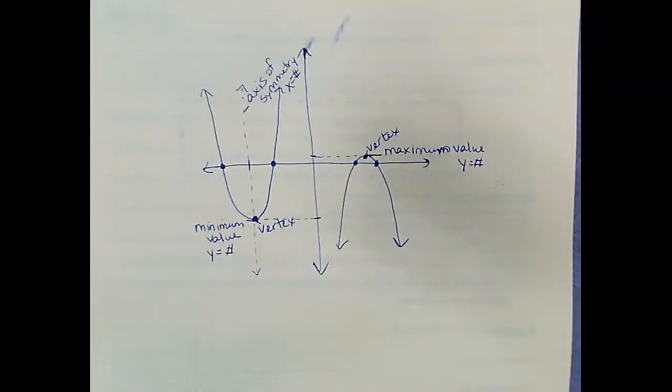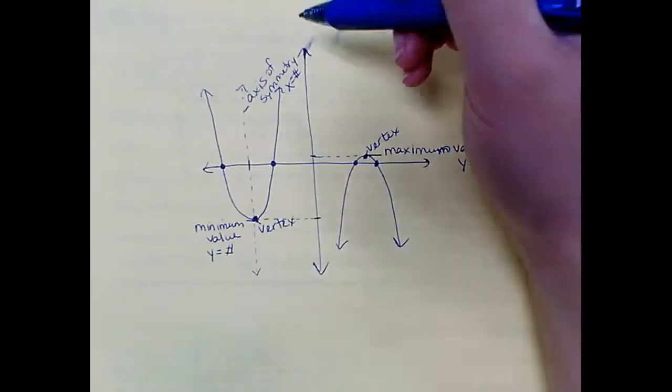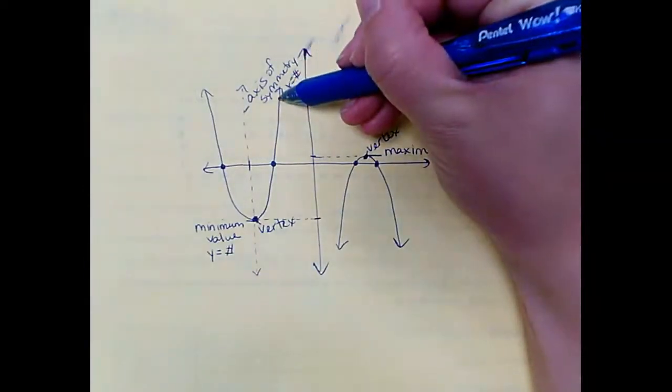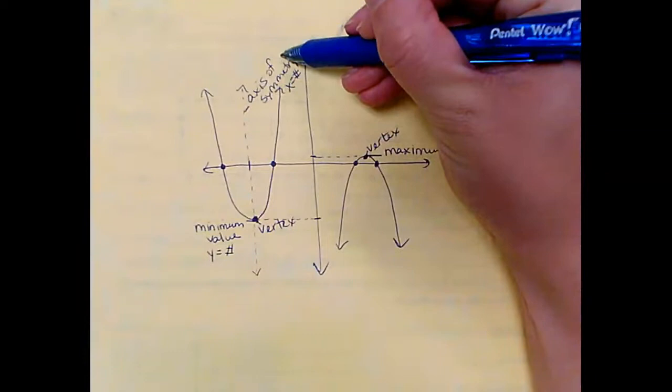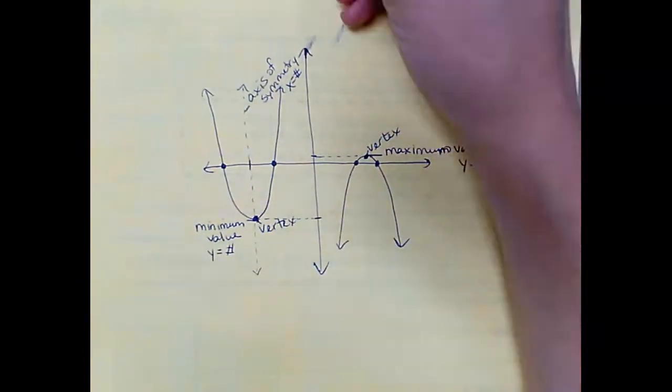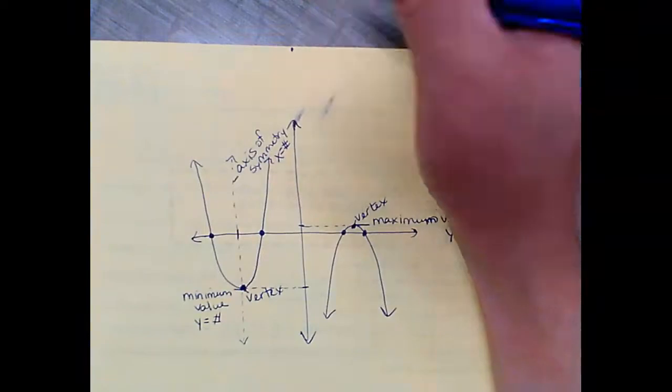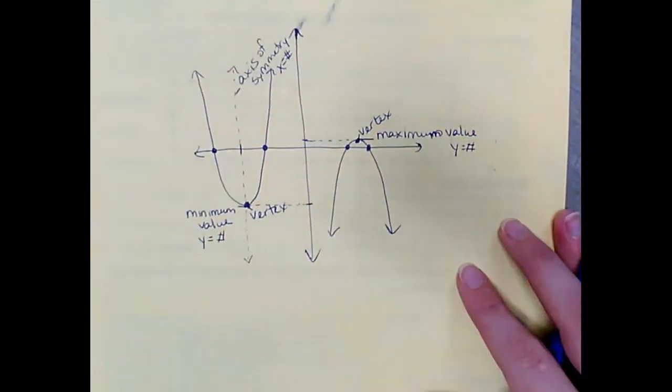And then the last thing that I want to discuss with you is the y-intercept. So in these parabolas, the y-intercept is not really clear. But I know that this parabola is going to go up, and it's going to cross somewhere, maybe up here, maybe even off of my page. Same thing here.